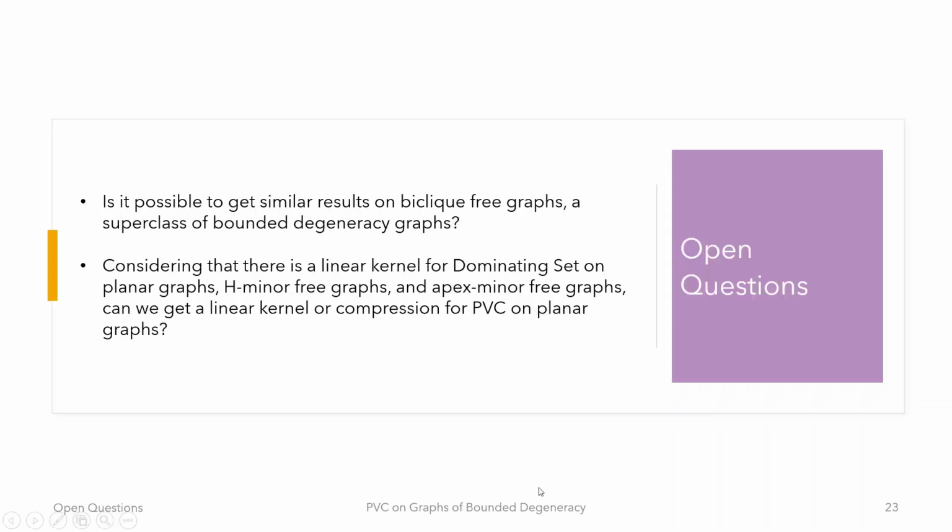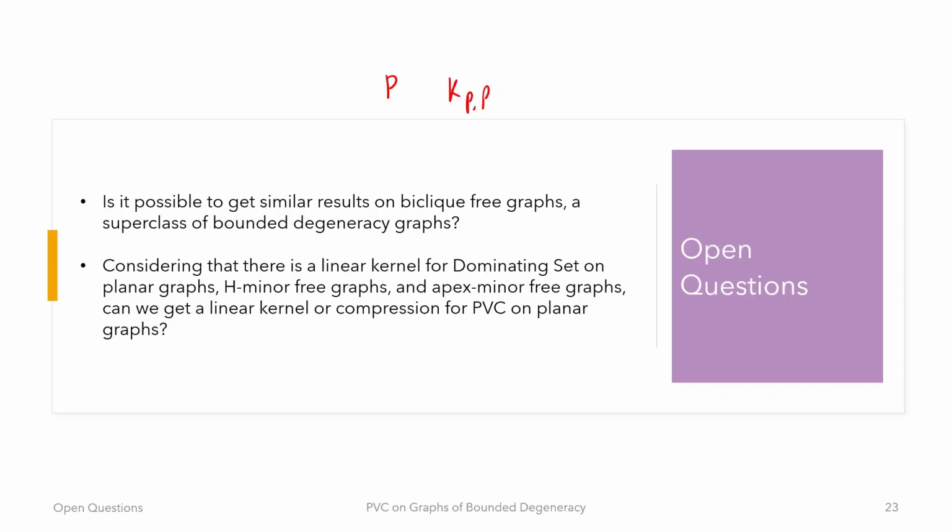Now we can ask some similar questions. The first one is, can we get similar results on biclique-free graphs, which is a superclass of bounded degeneracy graphs? We say a family of graphs is biclique-free if there is a P such that no graph in the family contains K_{P,P}.